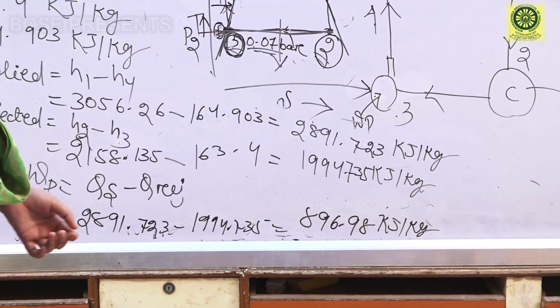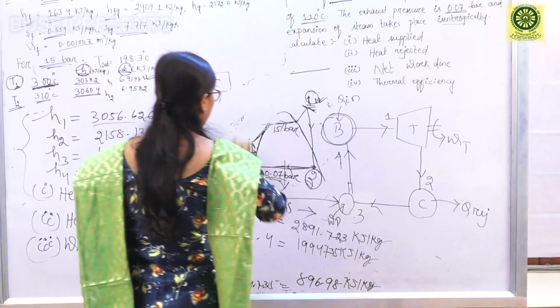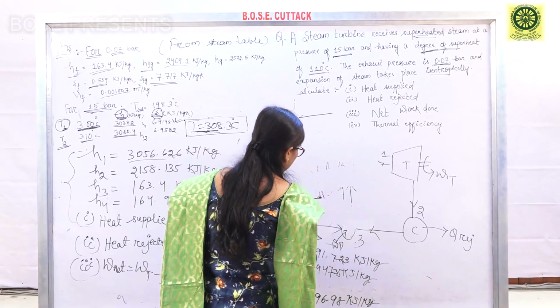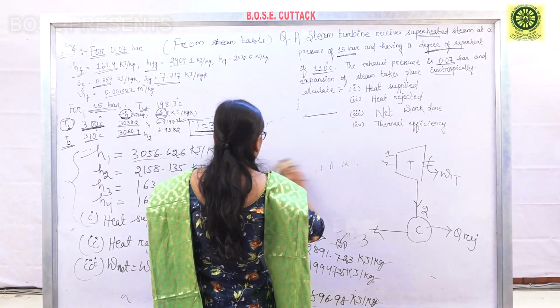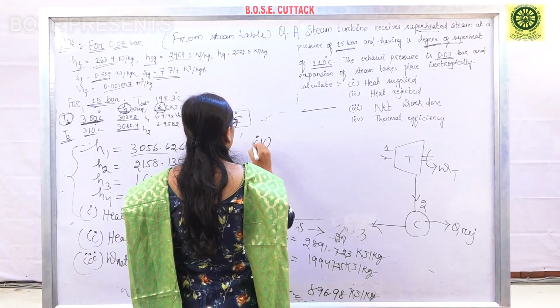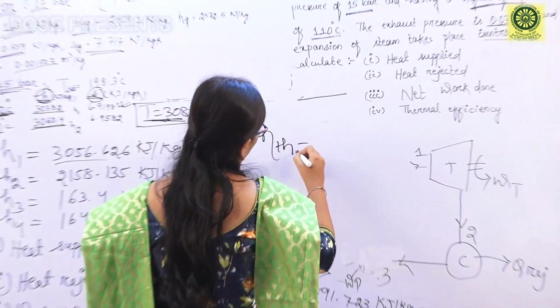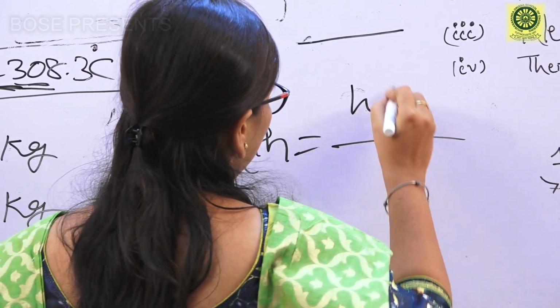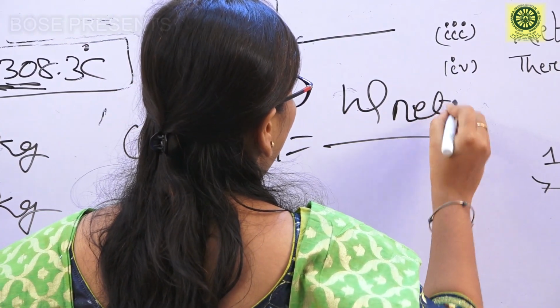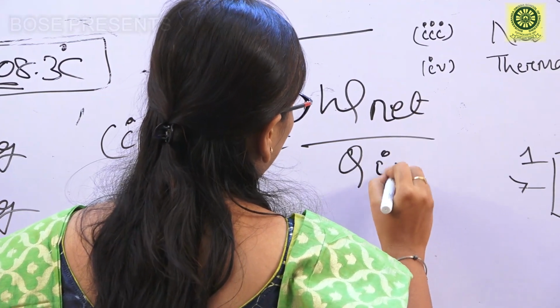Then thermal efficiency. You know the formula for thermal efficiency is net work done divided by heat supply or heat input.